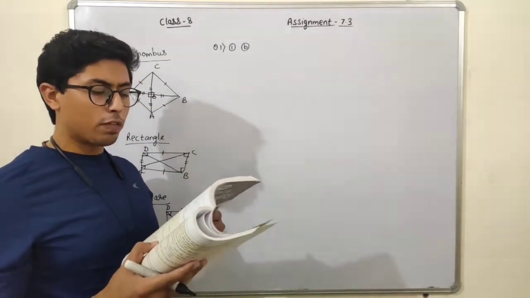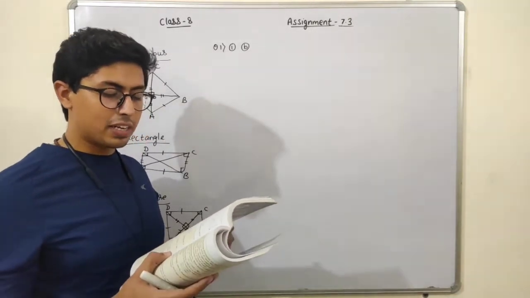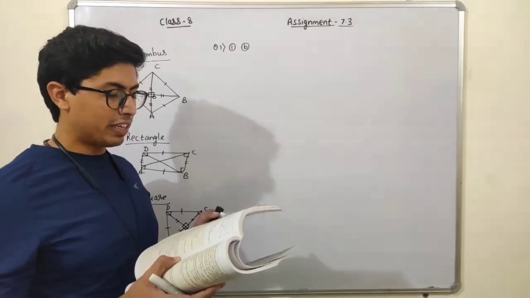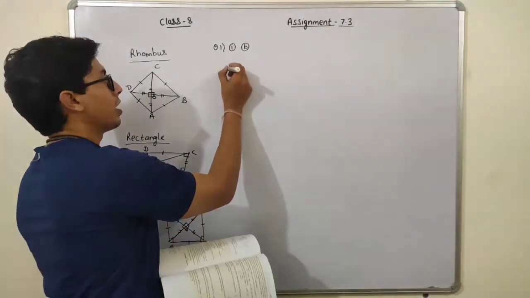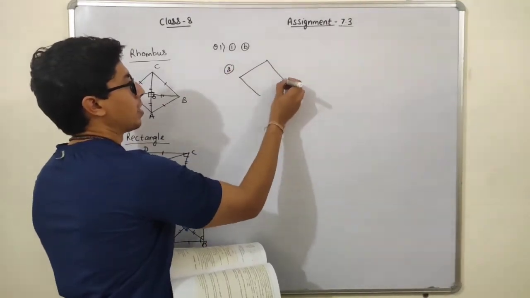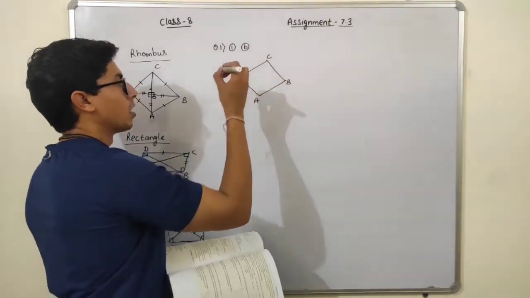Okay. Second question, students, if one of the angles formed by the diagonal and the adjacent side of rhombus is 20, find the angles of the rhombus. Okay. Students, in second part, if I just draw a rhombus, name this ABCD.